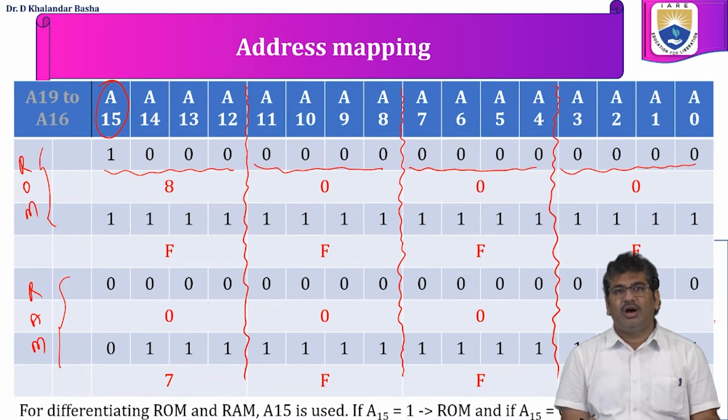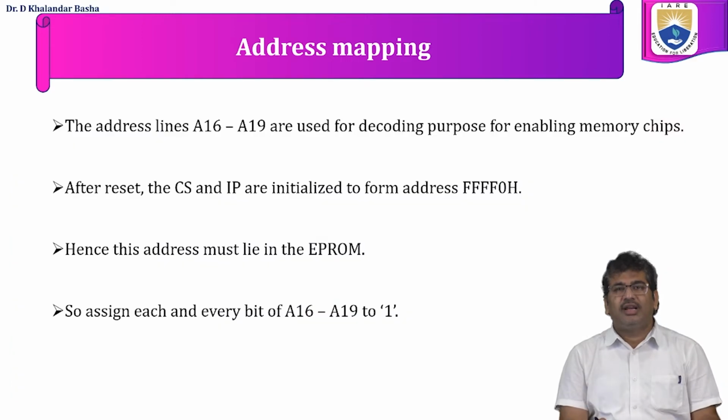Either you can assign all the bits as 0, or 0001, or 0010, like this up to 1111. Total 16 combinations we are going to get. However, from A16 to A19, that is user's choice, you can select anything. So the address lines from A16 to A19 are used for decoding purposes, for enabling memory chips along with A15.